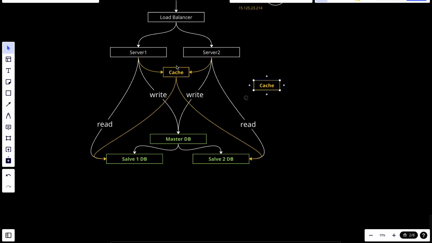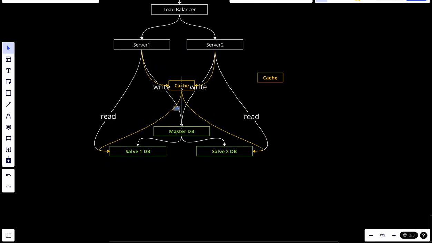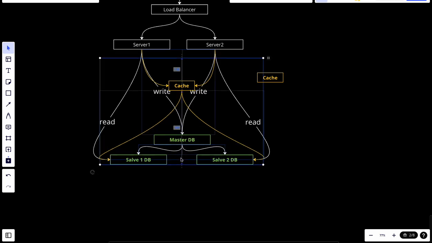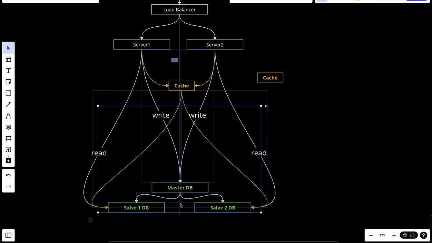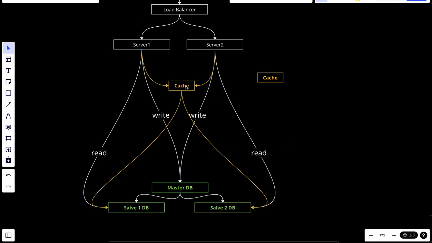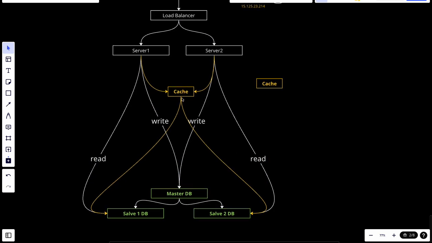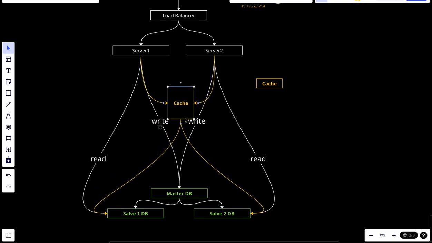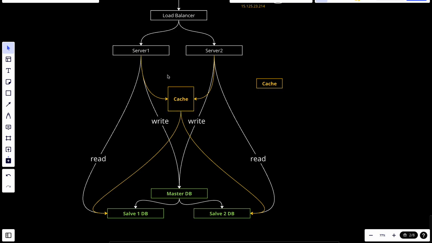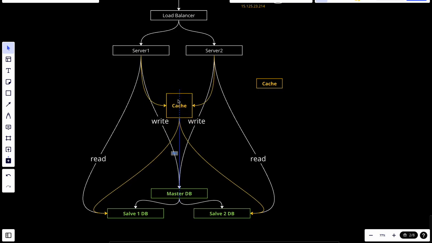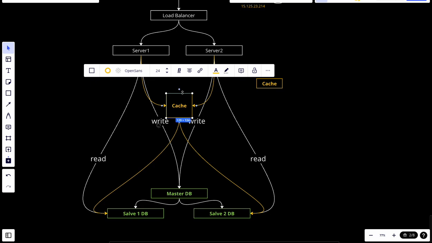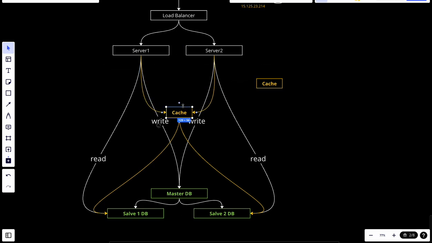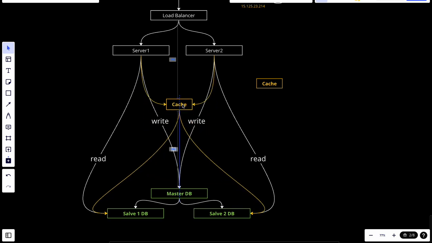Let's just take the cache a little bit down, and let's just take these a little bit down like that, and take the cache also down. Oh no, the cache down. Yeah, I didn't mean down like that, but okay. Okay, that's not bad after all.